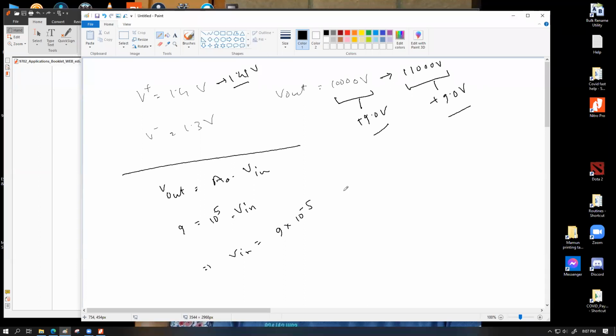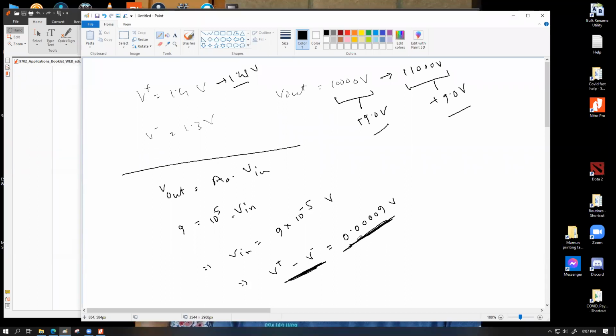Which means the difference of V plus minus V minus, the difference of these two inputs, should be at maximum this much. The difference between these two voltages should be maximum this much big.